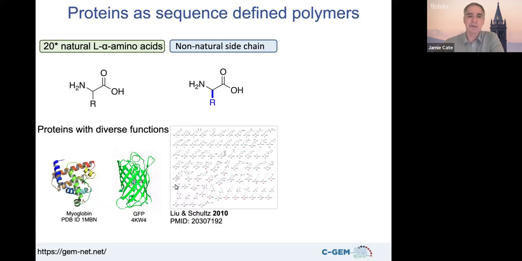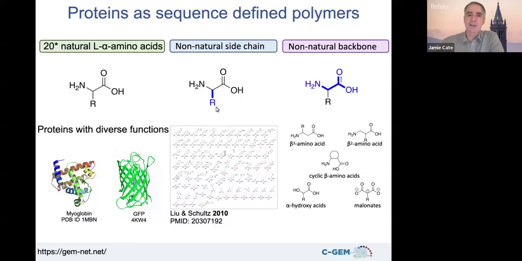There's the 20 natural ones, and starting with work from Peter Schultz about 15 years ago or so, it's now possible to change this to dozens, if not hundreds, of different groups. So we can get a lot of different interesting chemistries going on in proteins using this. And what we're interested in doing is not changing the side chain. We're interested in changing the backbone.